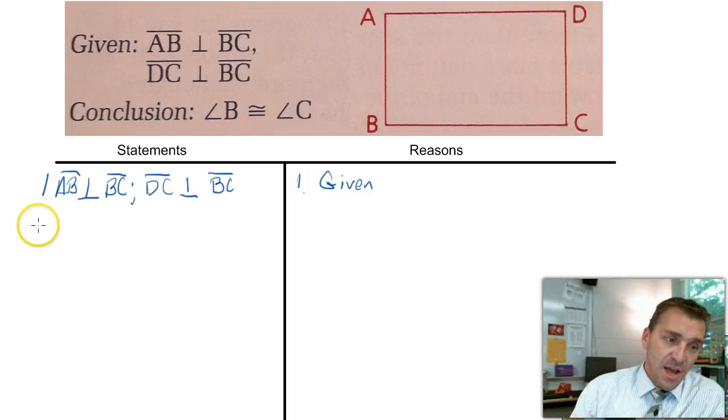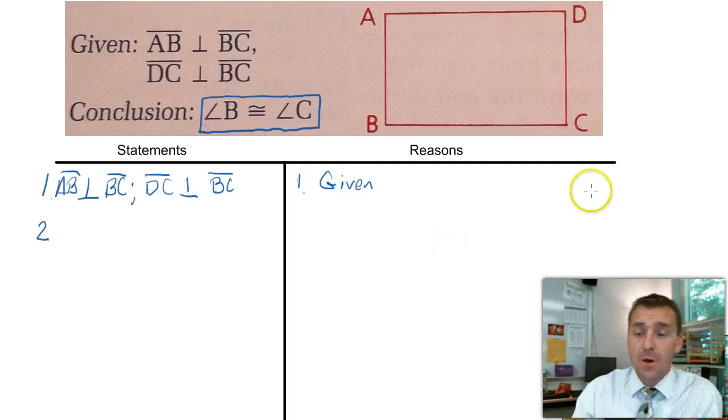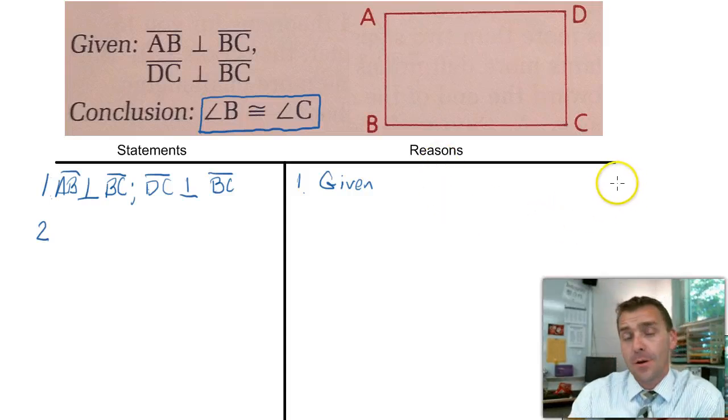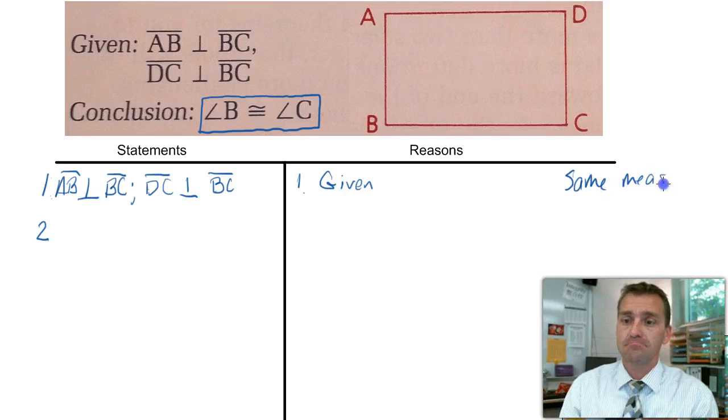Now, step number 2, what am I going to do? I'm trying to actually show my goal, my conclusion here, to show that angle B is congruent to angle C, those 2 angles. Well, if I ask you this question, how do we know at this point the 2 angles are congruent? There's really only 3 ways that we've used in 2-column proofs to reason this out. One is maybe we can show that they have the same measure.